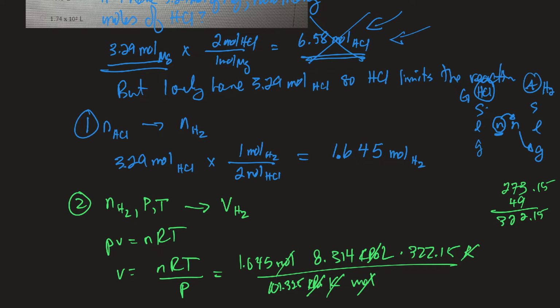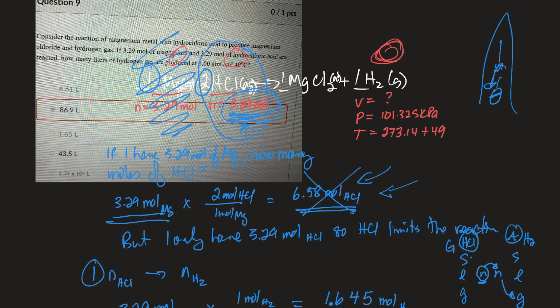I'm getting 43.4827. So 3 sig figs probably, so 43.5 liters. Let's see what they have. Oh yeah, they have that as an answer. I'd pick that one. Let's try one more.